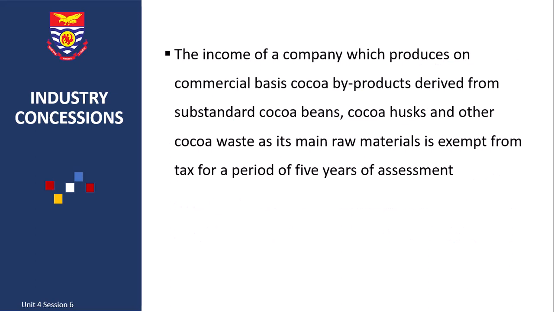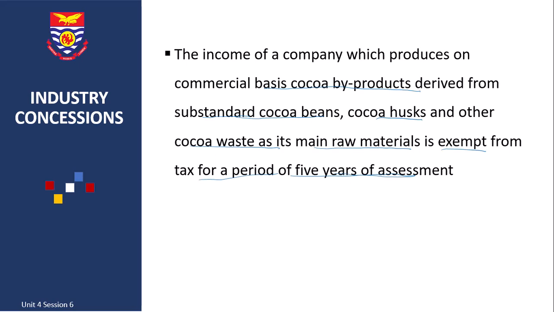The income of a company which produces on a commercial basis cocoa byproduct derived from standard, substandard cocoa beans, cocoa husk, and other cocoa waste as its main raw materials is exempt from tax for a period of 5 years of assessment.